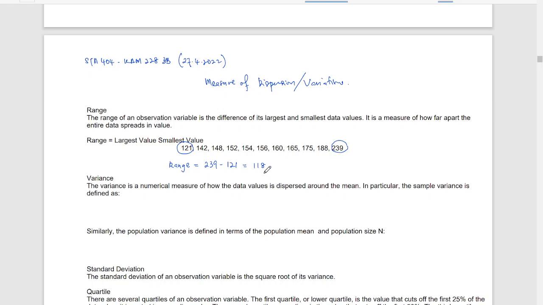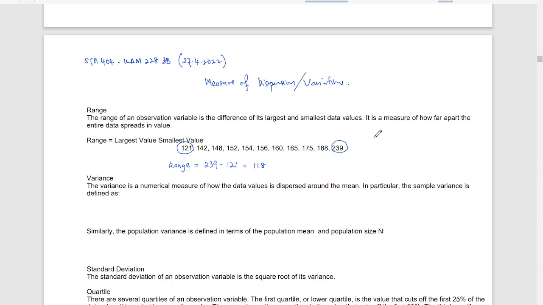Alright, so again, similar to the value of mean, range value is not robust and it is affected by the existence of extreme values ataupun outliers.